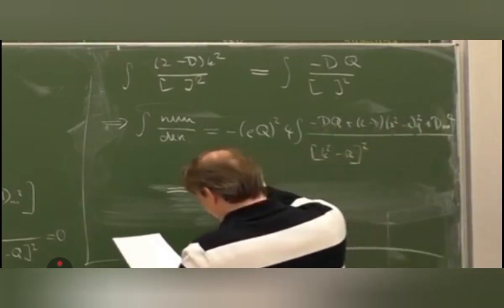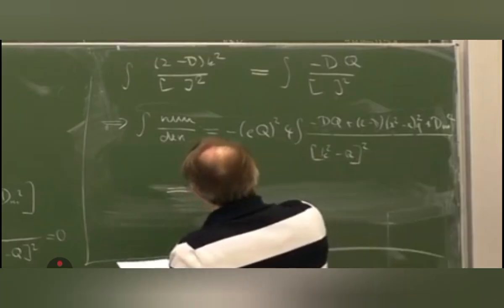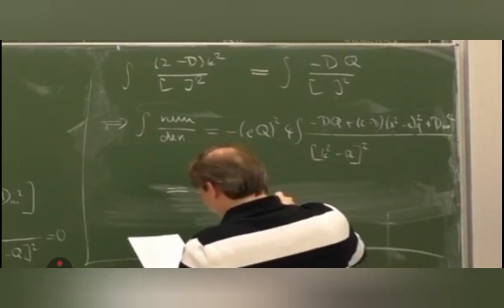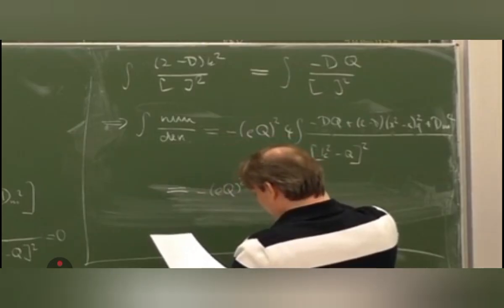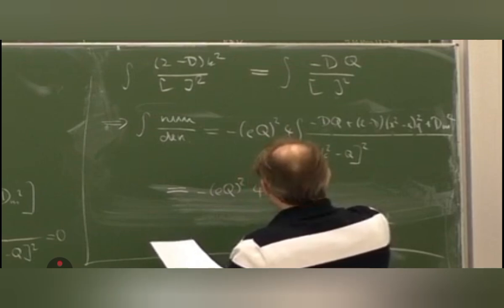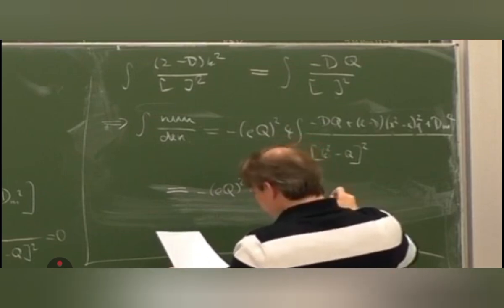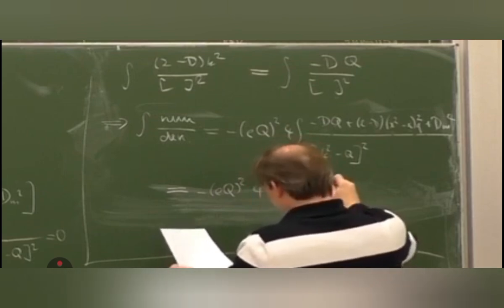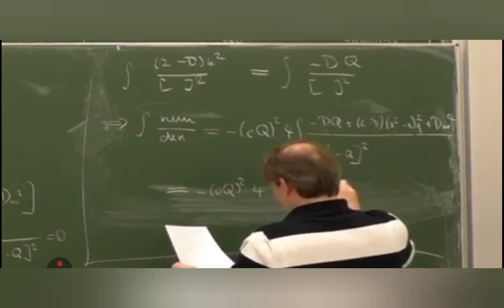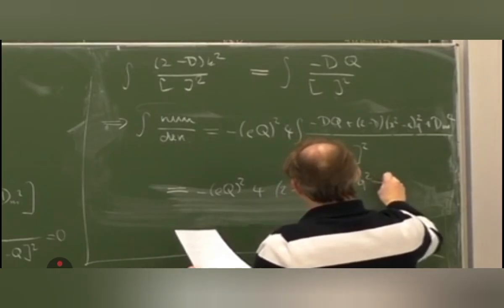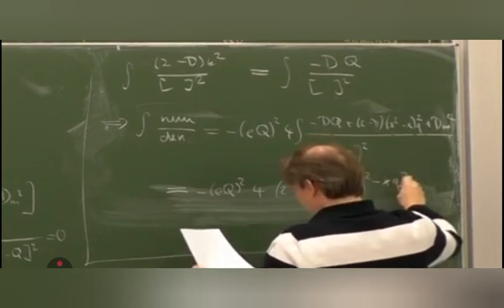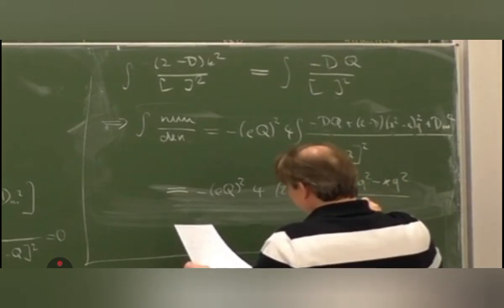So we get the following: minus e times q square times 4 now times 2 minus 2d times the integral over x square q square minus x times q square divided by the propagator square.